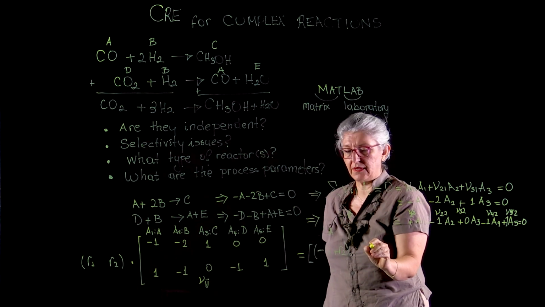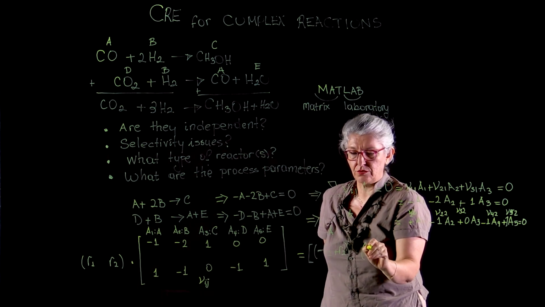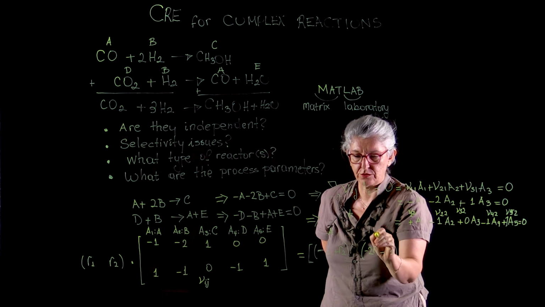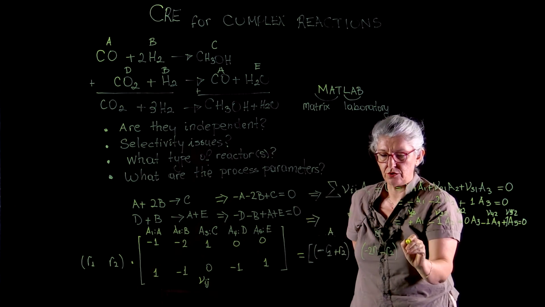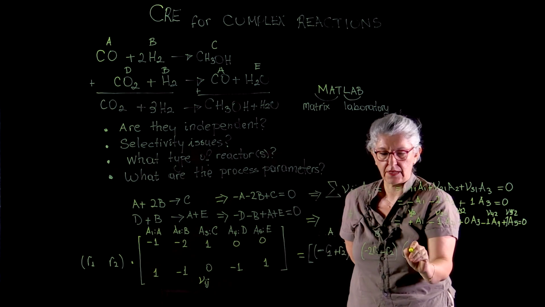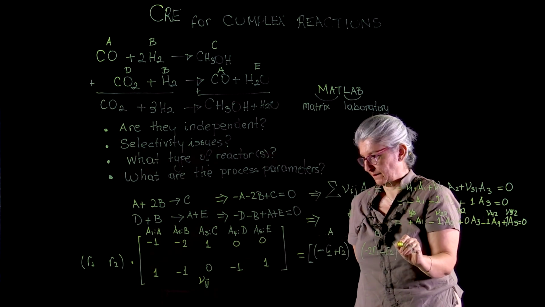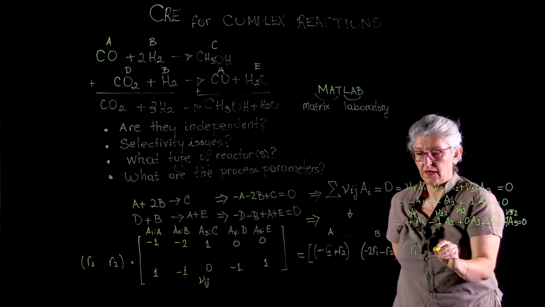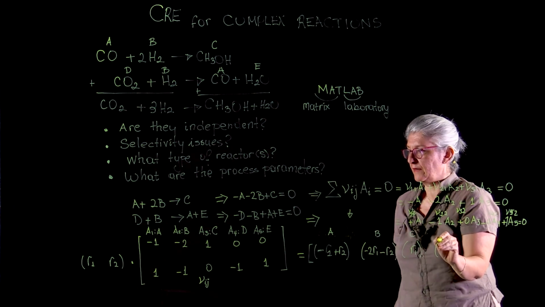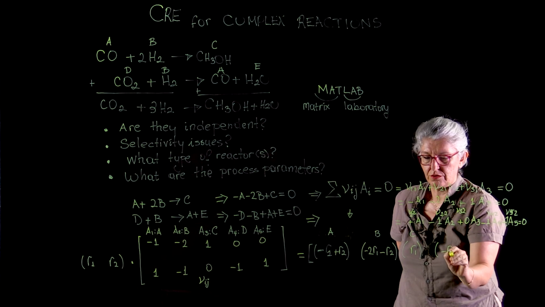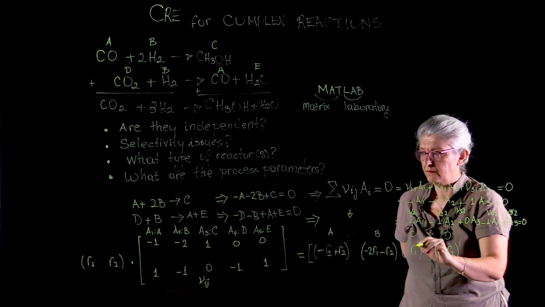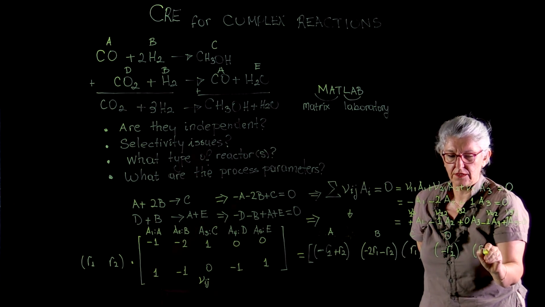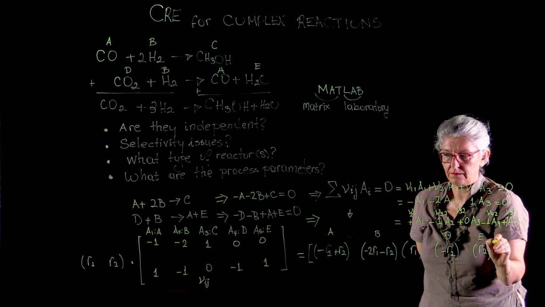My second term is minus 2R1 minus R2. This belongs to the B column. My third term is R1 only. This belongs to the C column. My fourth term is minus R2. This belongs to the D column. And my fifth term is plus R2. This belongs to the E column.